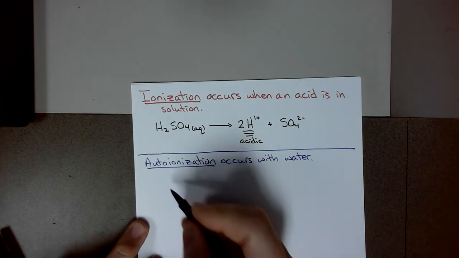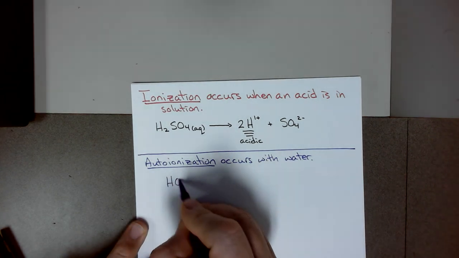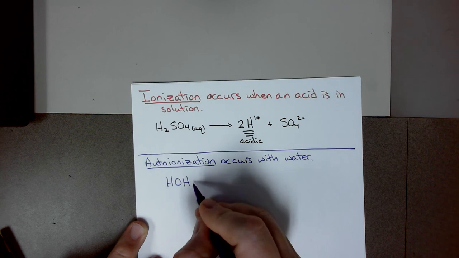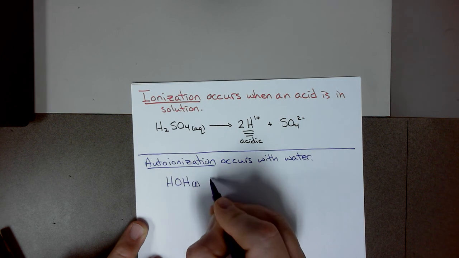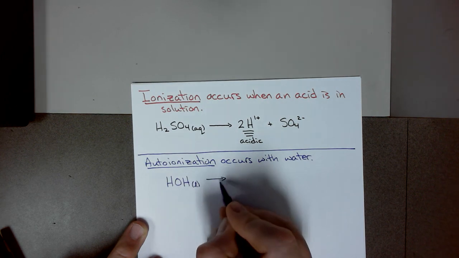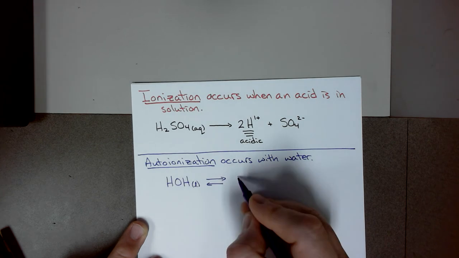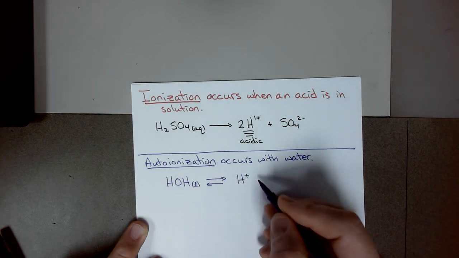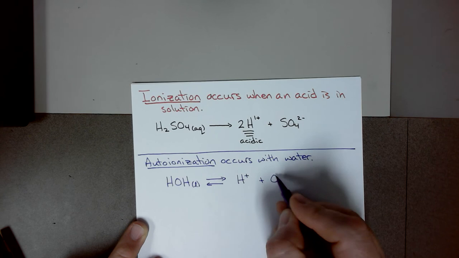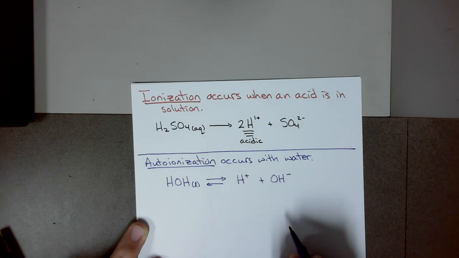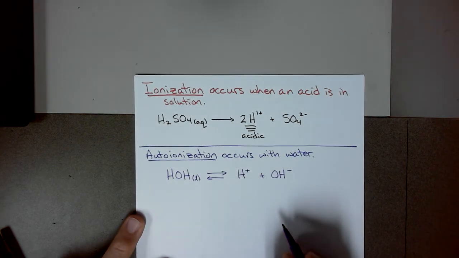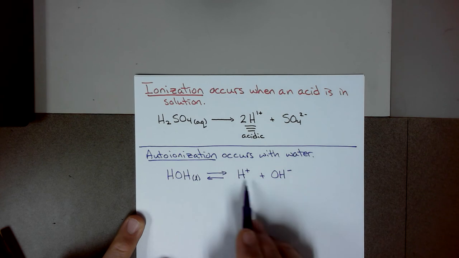But water, H2O, I'm going to write as HOH, and it's not aqueous, it's a liquid, but water is very special, and it auto-ionizes into H+ ions plus OH- ions. But not a whole lot of it, just some of it.